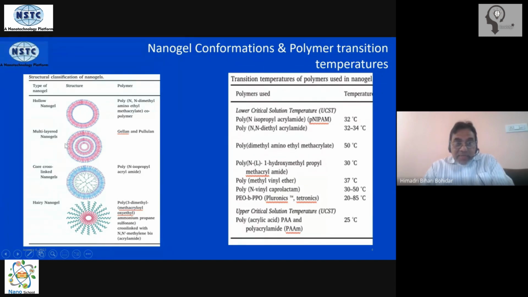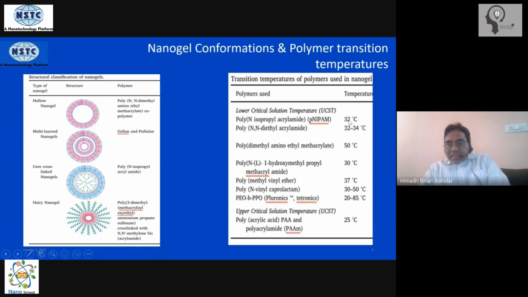We can have several layered structures, and various other conformations are possible. But everything depends on the precursor we are choosing, the organic phase we are choosing, and the surfactant we are choosing. Now, the polymers that I identified in the previous slide have certain properties. That's the reason they are chosen for nanogel experiments.